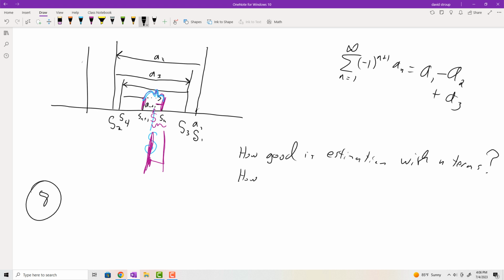So in one problem, they give you the n. And in the other problem, you have to find n. Here I'm saying, how many terms do you need in order to minimize the error?